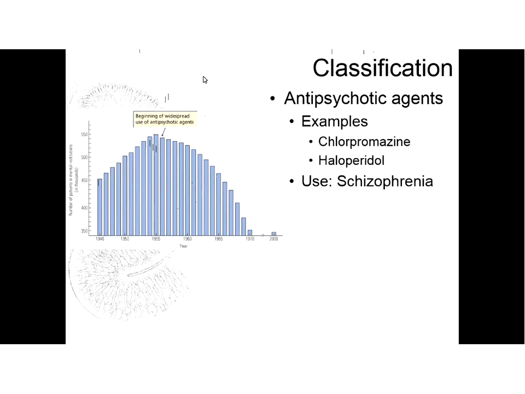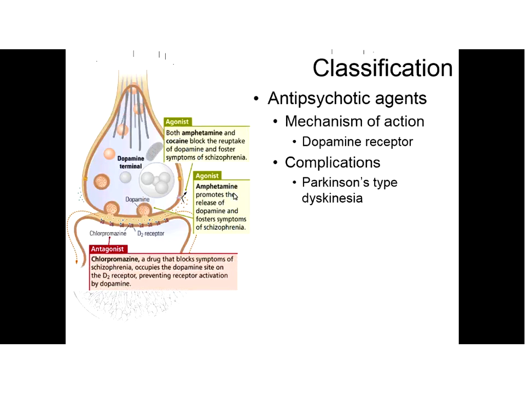Then, with the development of these drugs, we see a dramatic decline in their residency, until when we get out to 1970 and all the way through 2000, there's a dramatic decrease. That is largely due to the effectiveness of these drugs to influence, or at least attenuate, neurotransmission in the dopaminergic system to treat schizophrenia.